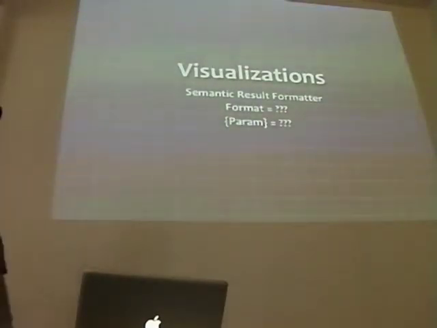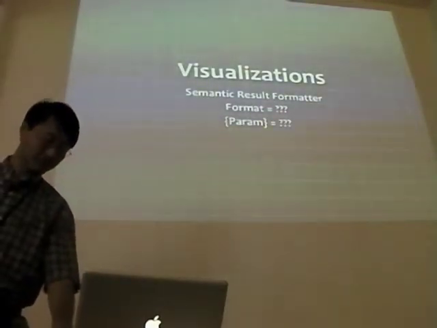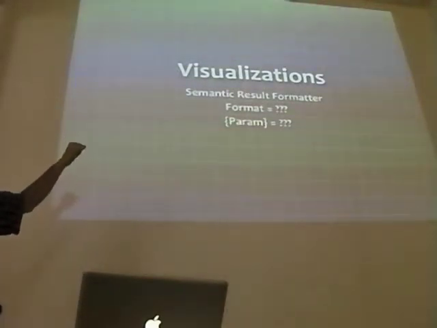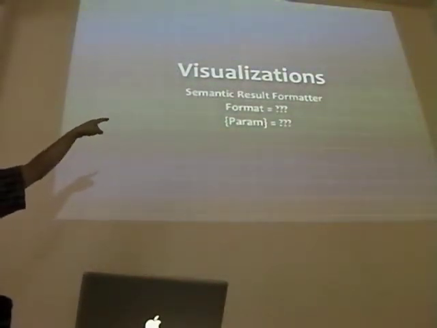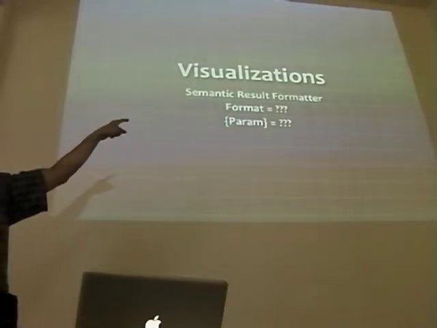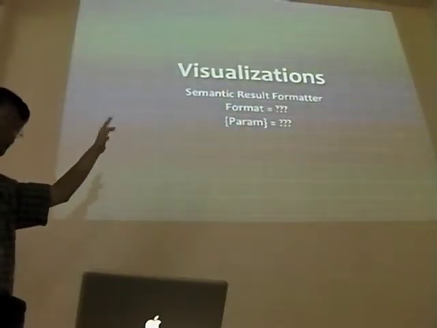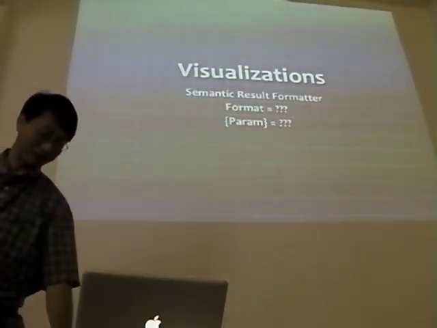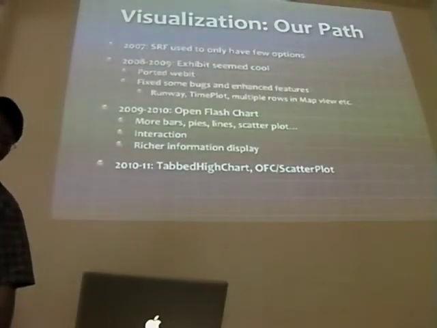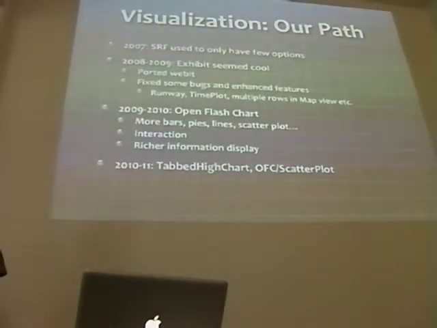So visualization, that's also a very important part. Basically, all the visualization extensions are for the semantic result formatter: it has this format equal to some format, then you change parameters to something. Again, from our experience, we found visualization was just not adequate. So we enhanced it a lot from 2008.